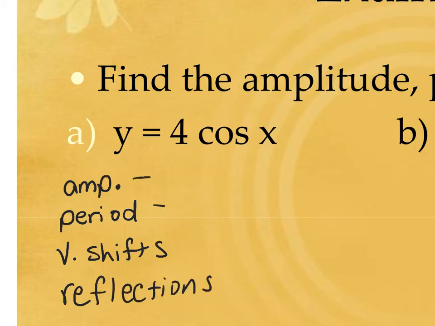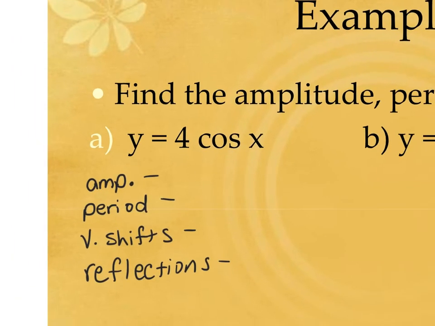This is easier if we just look at an example. Now, the first thing I want you to do is identify if we're talking about a cosine curve or a sine curve, because where you start makes a difference. A cosine curve starts on the amplitude. A sine curve starts at the x-axis.